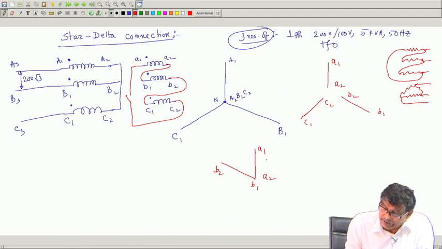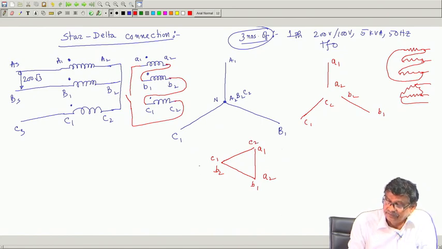Then you have to connect what you have done, what connection you have made, B2 with C1. So, move this phasor here such that C1 is put there and C2 is here.